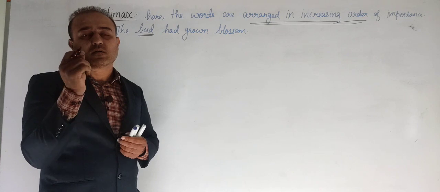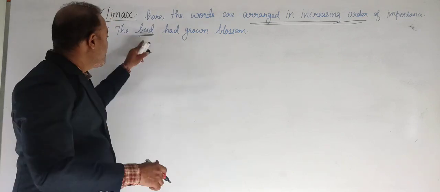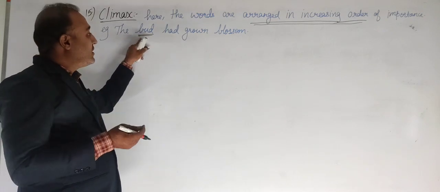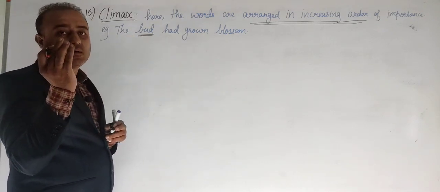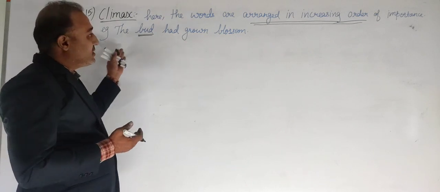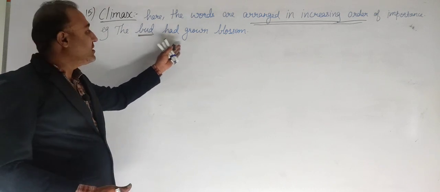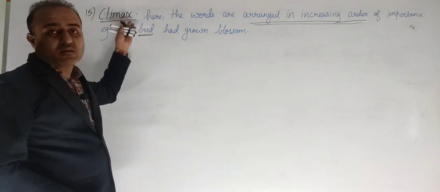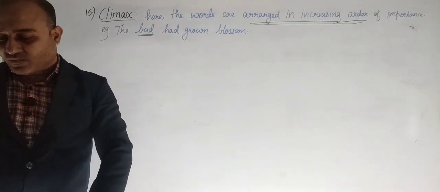The early phase or the early stage of it is known as bud, which is known as kali. After it is in the form of a bud, it grows and at the final stage it blossoms. So here the increasing order is expressed, and therefore the figure of speech is climax.